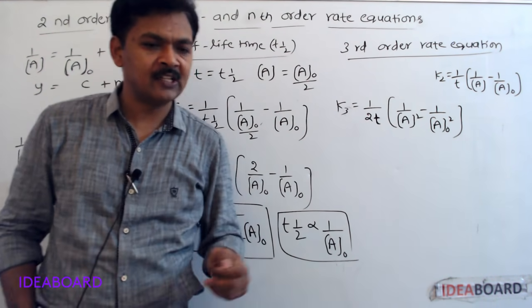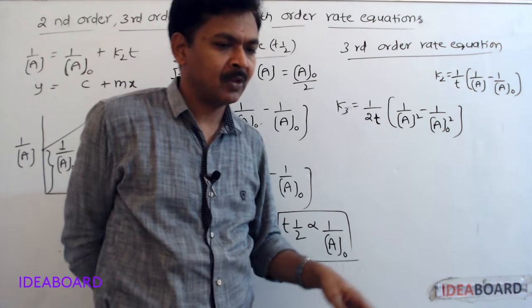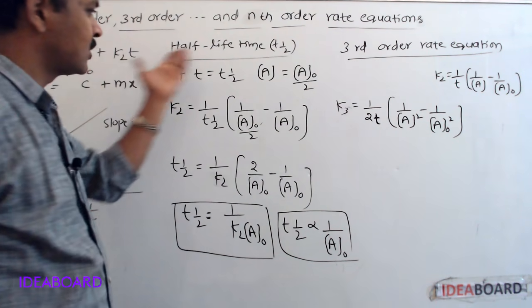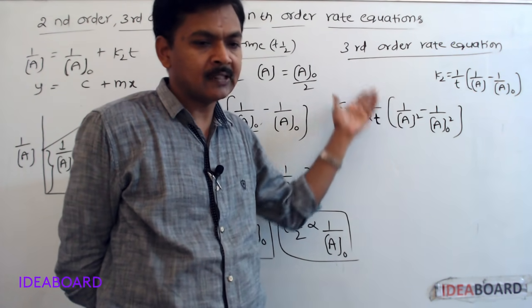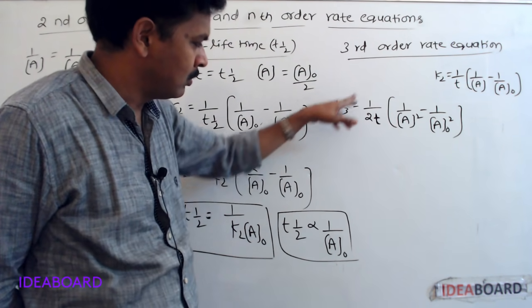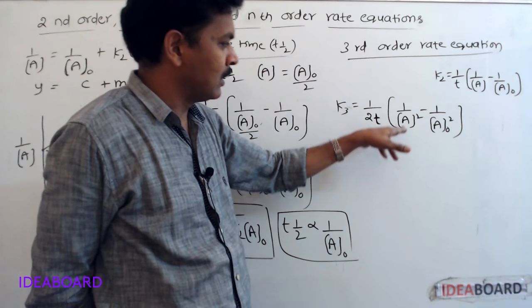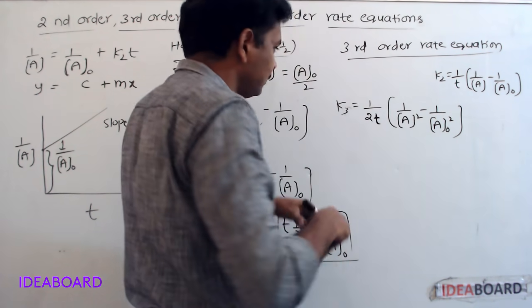For third order reactions, after doing integration, we can get this equation. If you take A gives rise to products, then rate is directly proportional to A power 3, or A concentration power 3. After doing integration, we'll get this equation: K3 is equal to 1 by 2T into 1 by A concentration square minus 1 by initial concentration of A square.